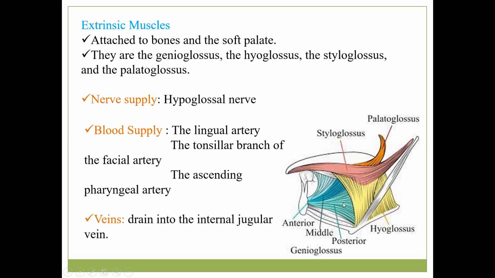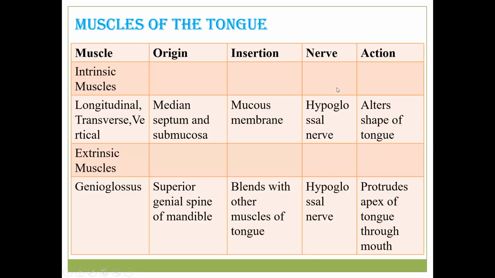All these muscles are supplied by the hypoglossal nerve. The blood supply comes from the lingual artery, tonsillar branch of facial artery, and the central pharyngeal artery. Venous drainage goes into the internal jugular vein.